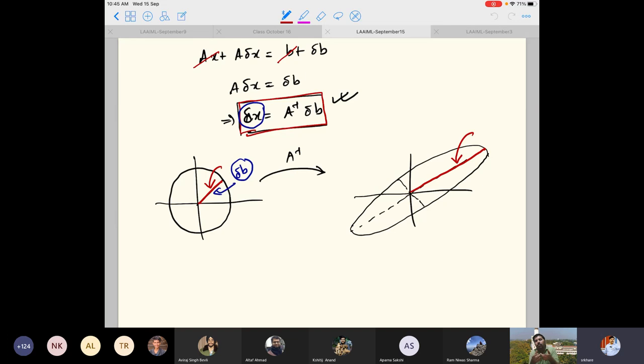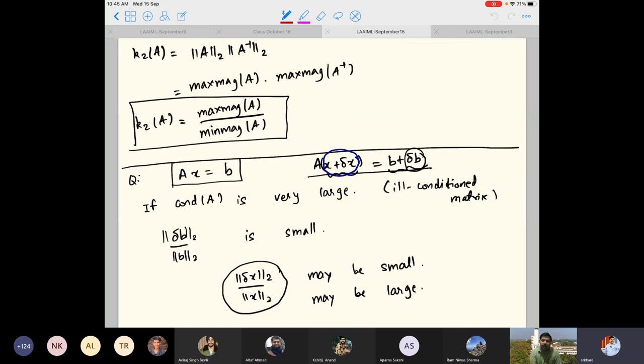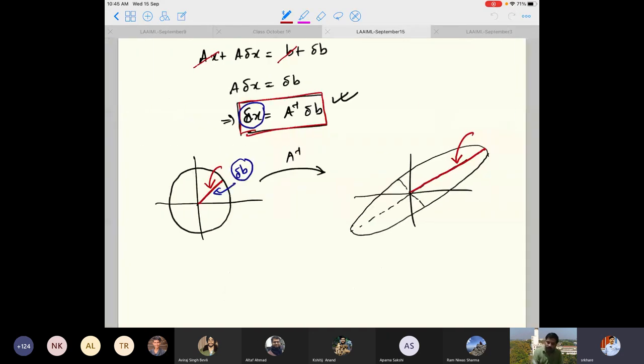Again, all of those who have taken regression as your elective previously, you would remember that in regression, I think you did something like this. Ax is equal to B, and suppose this x is the parameter vector. I think in regression your notation was X beta is equal to y, and beta is the parameters that you are trying to estimate.